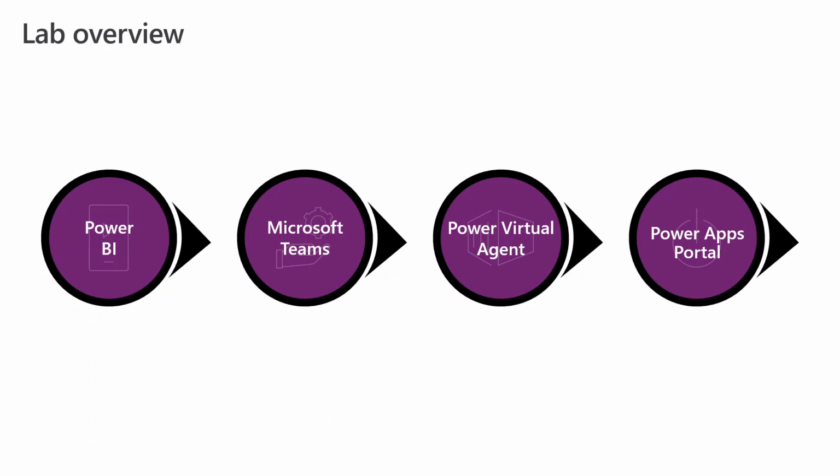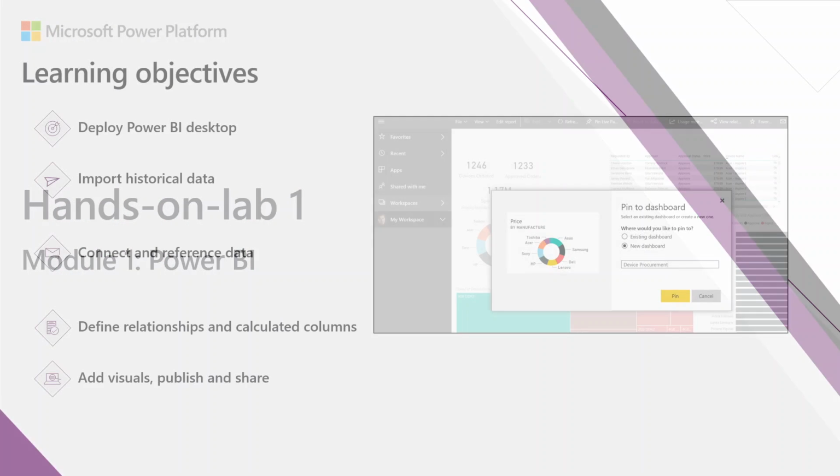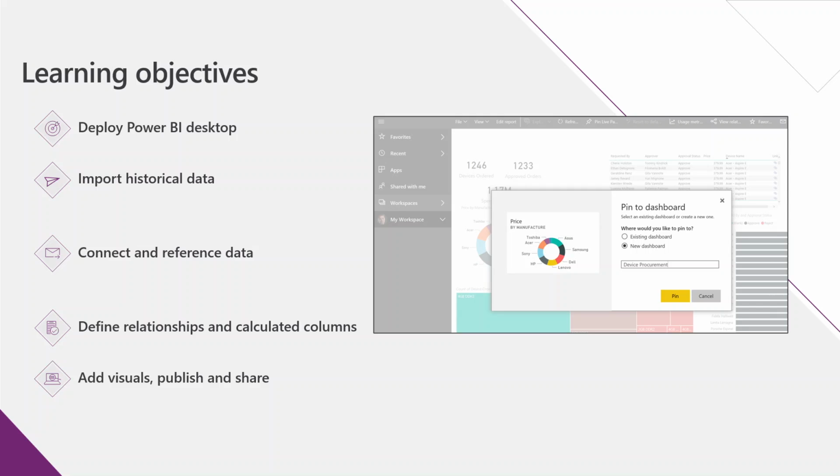As I say, what we're doing in these labs is Power BI, Teams, Virtual Agent, and Power Apps Portal. In lab number 1, we shall be using Power BI Desktop. If you don't have that on your machine, that might be an issue, so try and get it installed. If you need your IT to do it, then ask them, or install it on your home machine or a virtual machine or something like that.